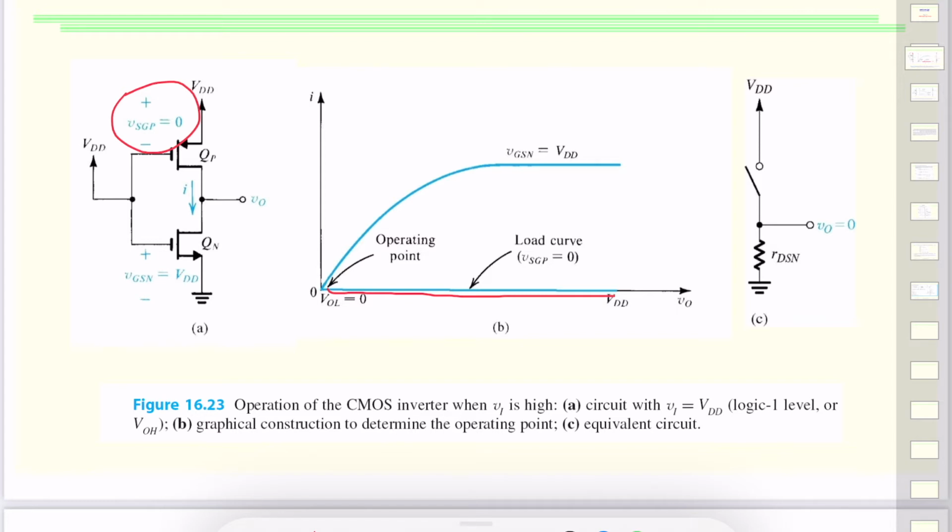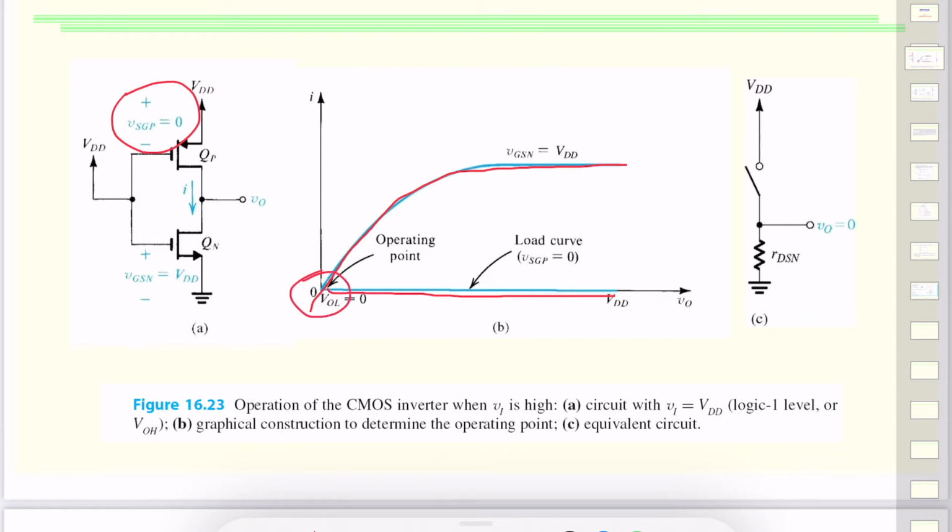There's no current flowing. But the load line for the NMOS starts in the triode region and gets into saturation, the standard curve, so the drain current versus VDS curve for QN shows us a value, and this is the point where both intersect.